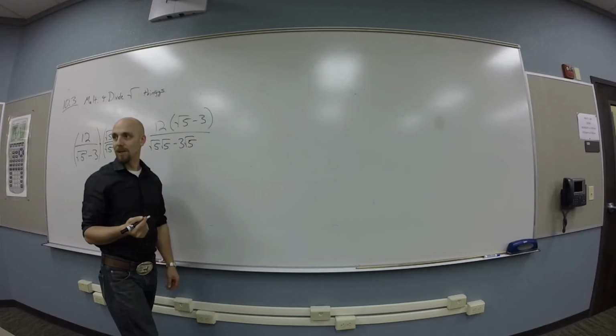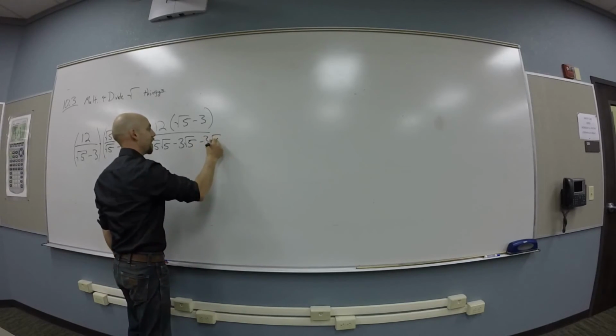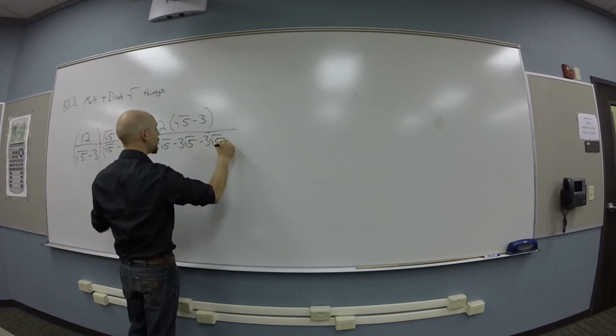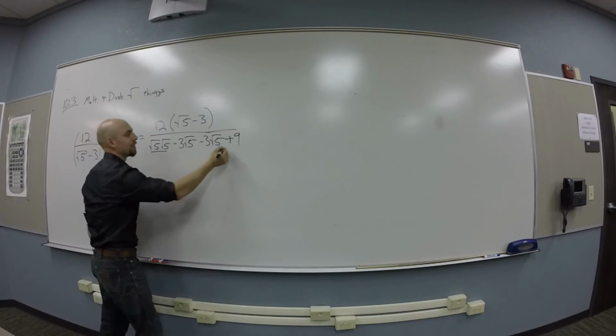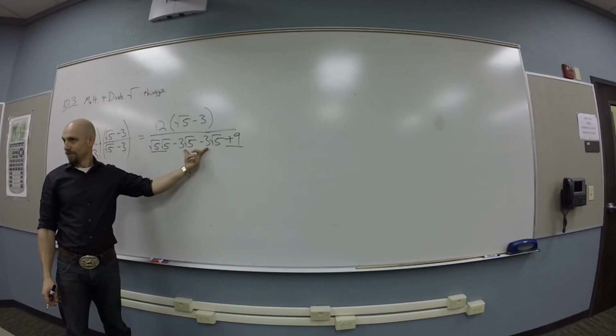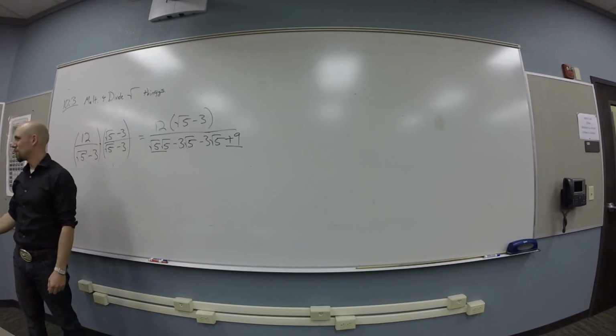And then from the insides, minus 3 root 5. And then the last, you get plus 9. So this piece I'm happy with, and this piece I'm happy with, but crap. You guys see that? This made it more complicated. Yeah, this made it worse, right?